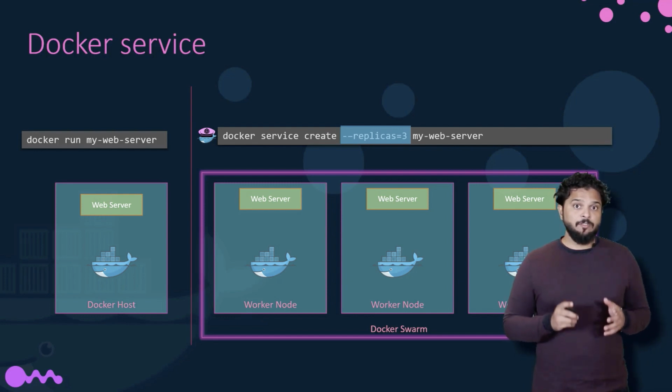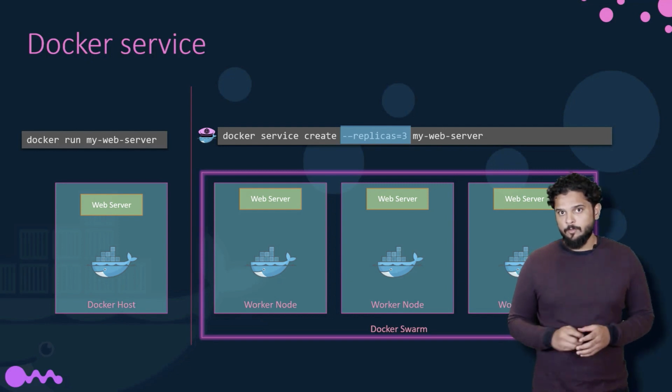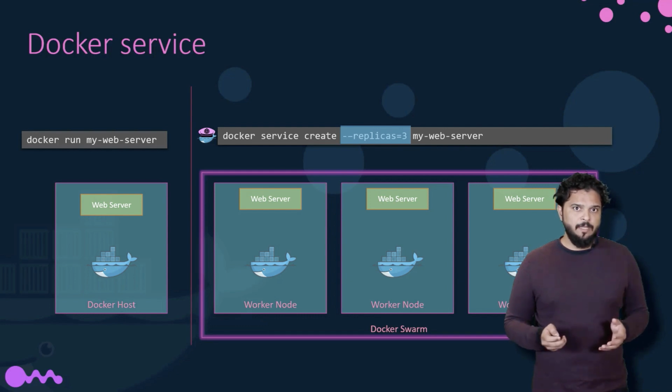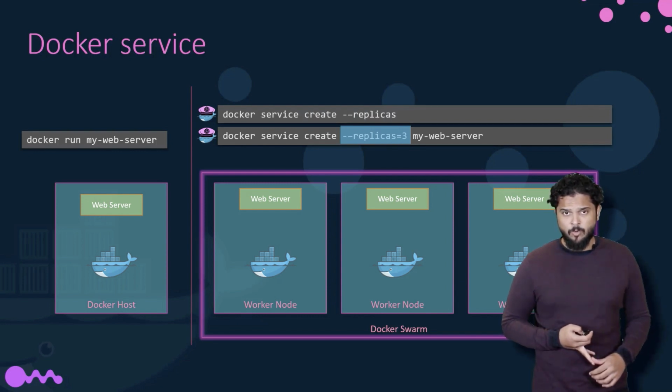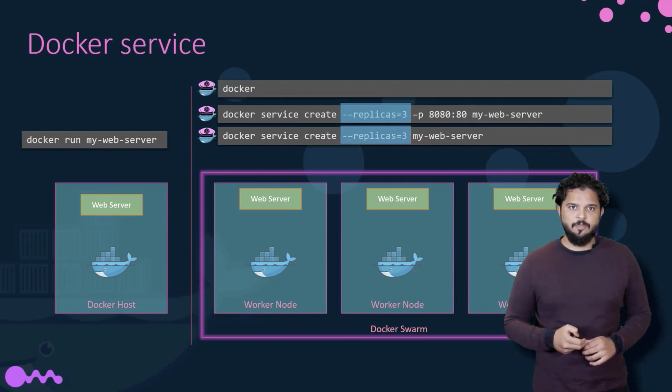Remember, the docker service command must be run on the manager node and not on the worker node. The docker service create command is similar to the docker run command in terms of the options passed, such as the -e environment variable, the -p for publishing ports, the network option to attach a container to a network, etc.